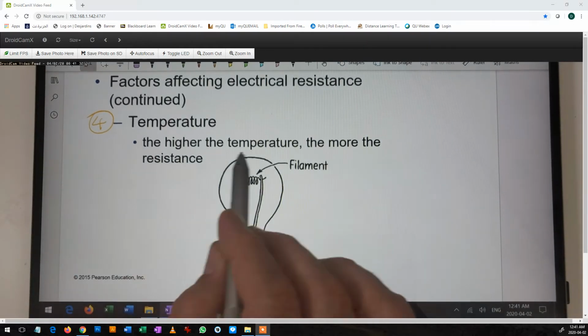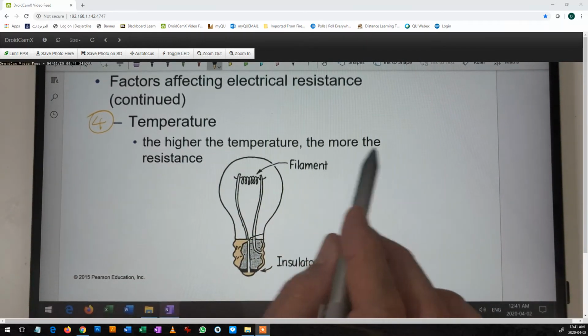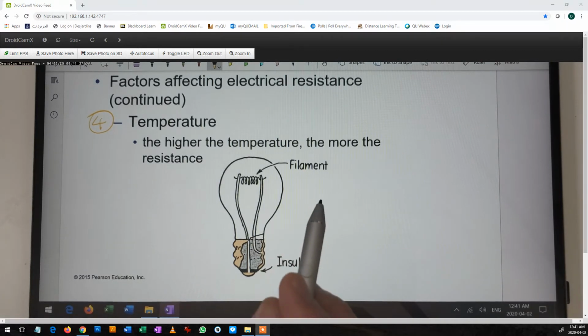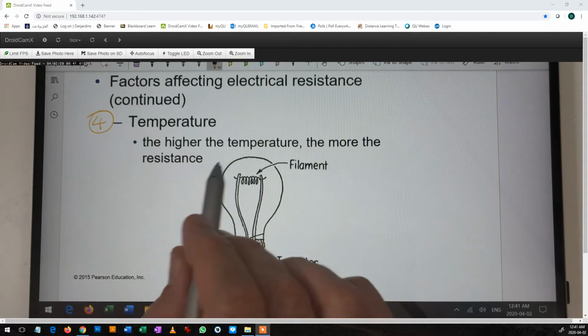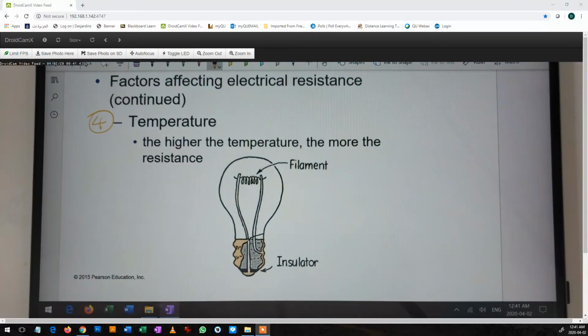The higher the temperature, the more the resistance. لأنه كل ما كانت التمبرتشر higher كل ما كان اللاتس vibration in the lattice of the conducting material is higher.